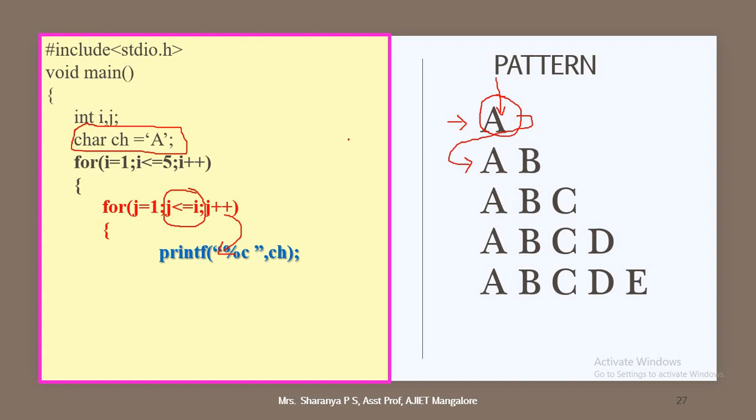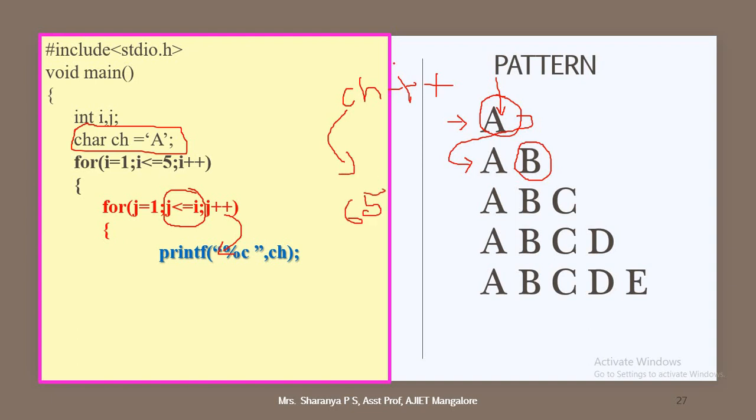Now, one more option here with this A. The next statement: the next character it needs to print is B for the next iteration. So we have to increment this character. Suppose we write ch++, what does it indicate? A's corresponding ASCII value is 65.